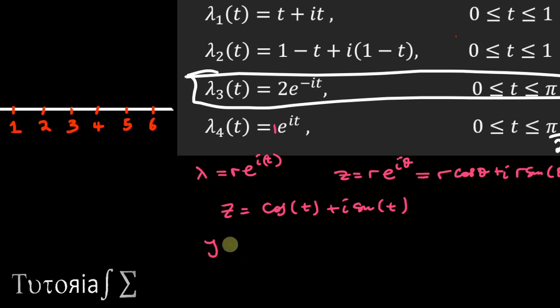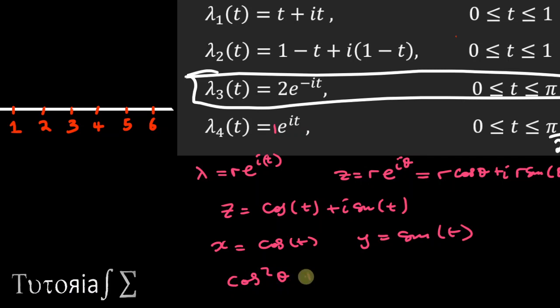And basically we can start with x. X, the real part, is cos t, and y is the imaginary part, which is sine t. Then same thing, we can use cos squared theta plus sine squared theta equals 1 to combine these two.